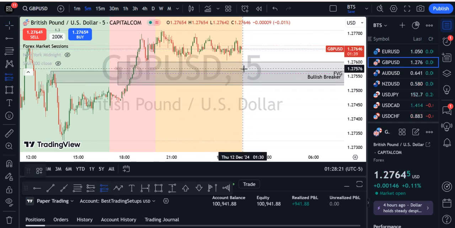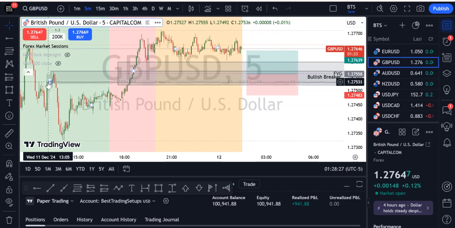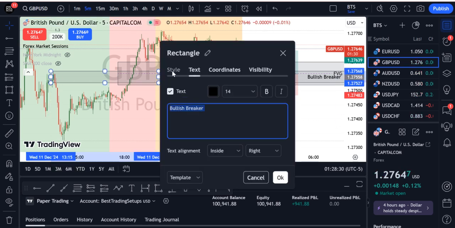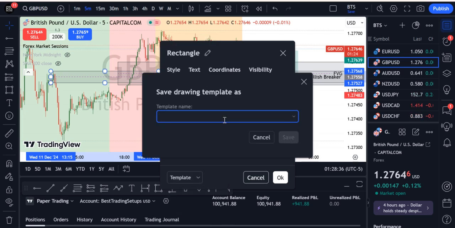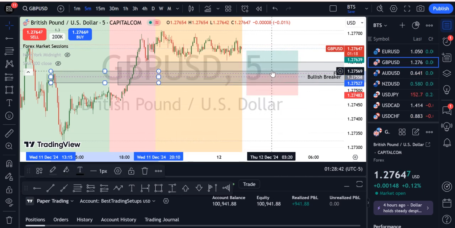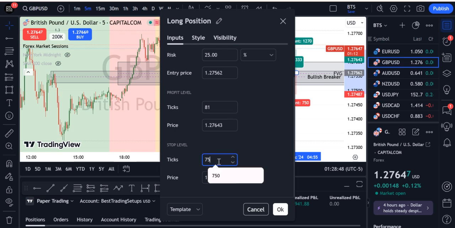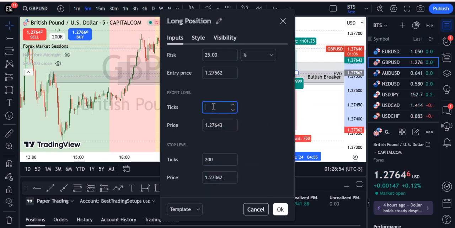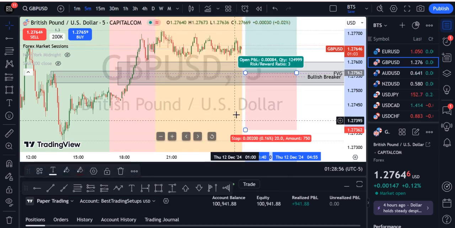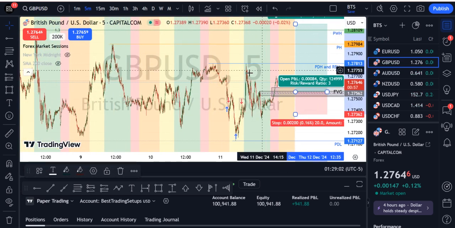So we can see price come into that bullish breaker. Roughly around here, then we can set a 20 pip stop loss, targeting, let's say, 60 pips also. So 60 pips will be targeting all the way back to previous week high.